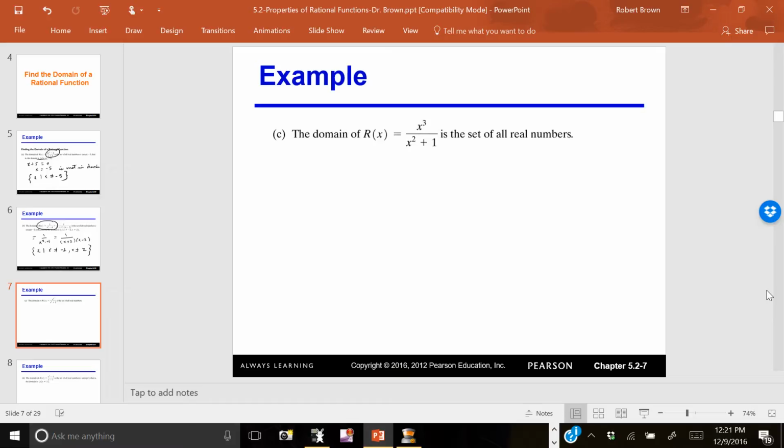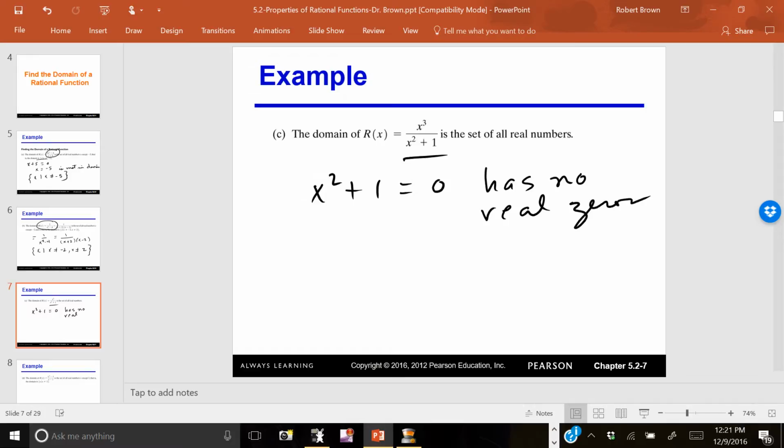This particular one, notice that x squared plus 1 equals 0 has no real zeros. And so the domain is all real numbers.